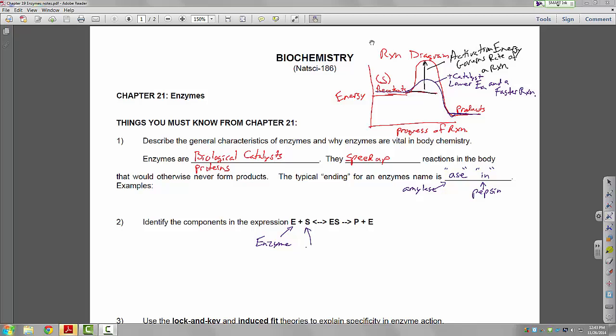S is a substrate, and the substrate is essentially the reactant again. ES is this complex, this enzyme substrate complex. P, of course, is product. And E, again, is the free enzyme.